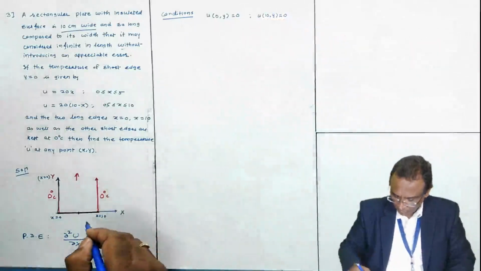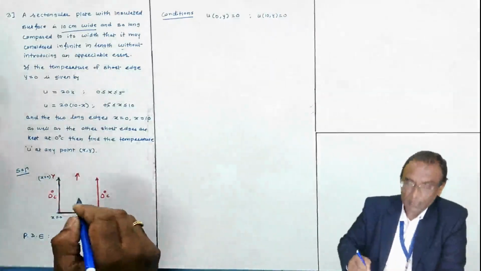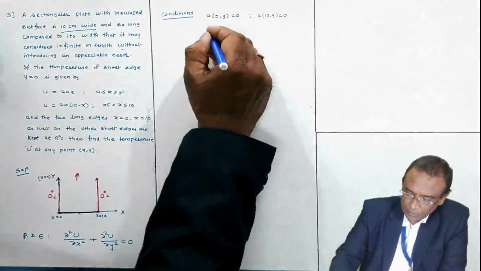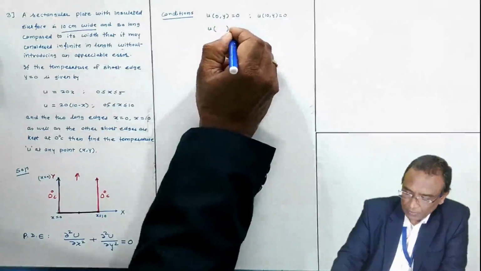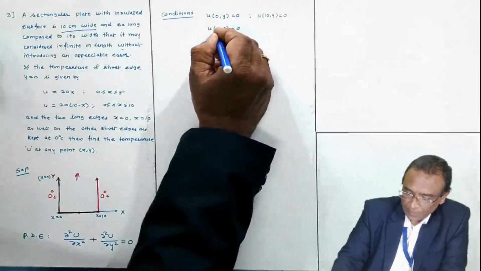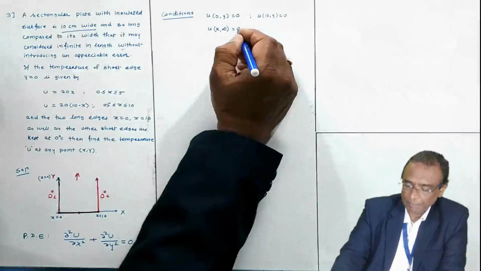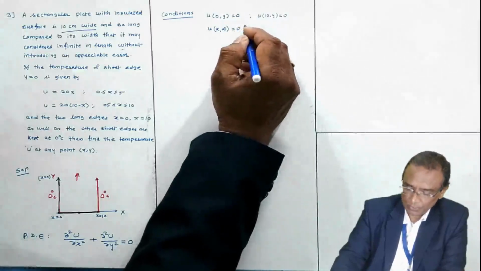In the previous problem, 10 was replaced by 1. Now, at infinity, when y is infinity, the temperature is also kept at 0 degree centigrade. So three conditions are common in all these three problems.